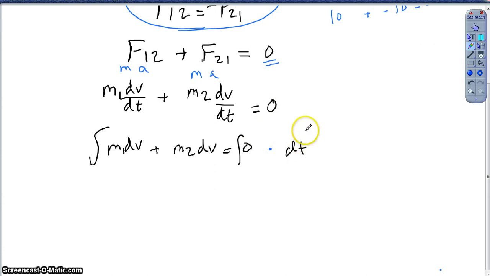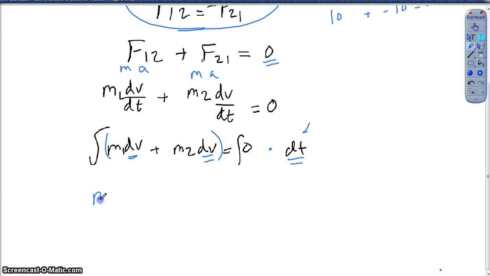I'm going to leave that dt hanging around, but it is multiplied by 0, so keep that in mind. But anyway, the reason that I do that is then when I integrate both sides with respect to the appropriate variable, on the left hand side I'm integrating with respect to v, on the right hand side I'm integrating with respect to dt.